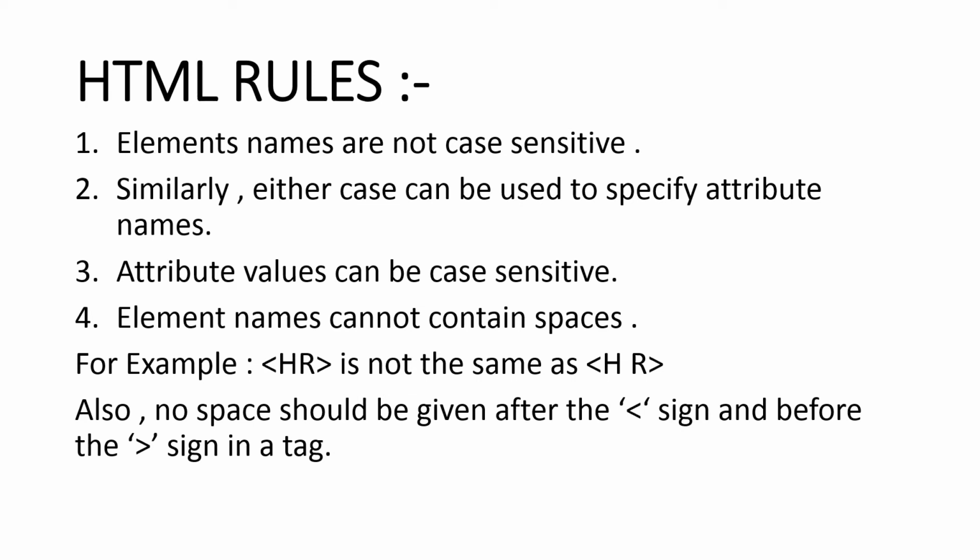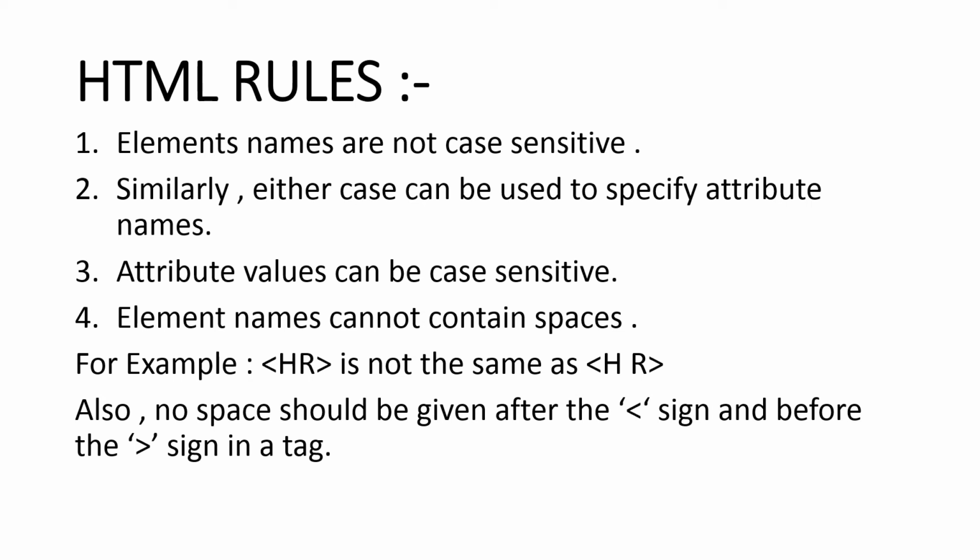It means they can be given in either uppercase, meaning capital letters, or lowercase, meaning small letters. Fine. Similarly, either case can be used to specify attribute names. You can specify it in capital letters or small letters. It does not matter whichever case you are using. Okay, it is not case sensitive.